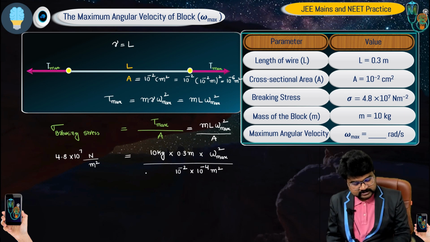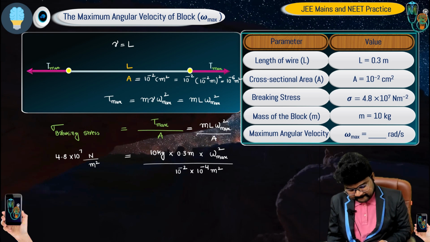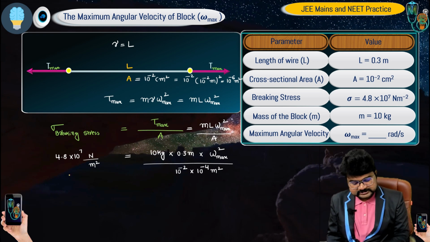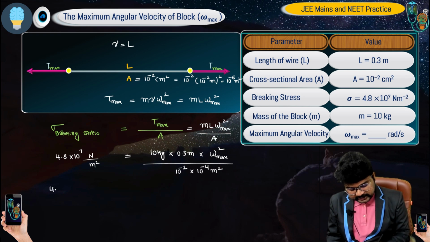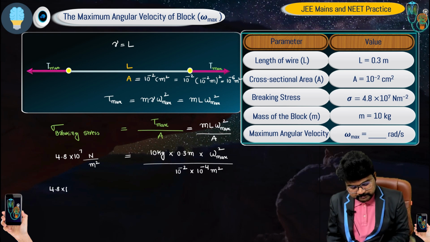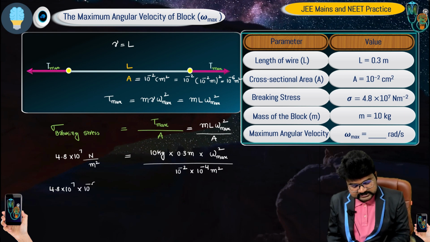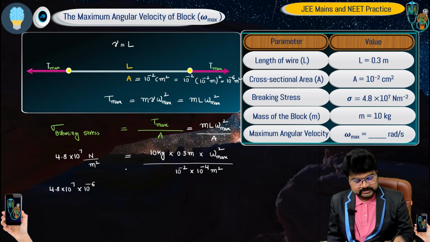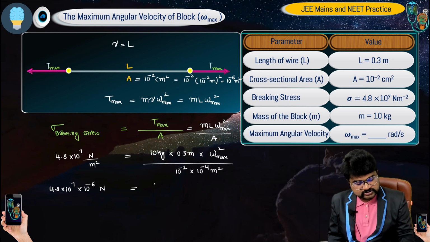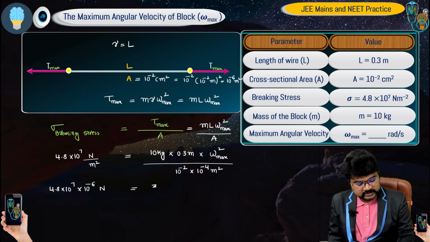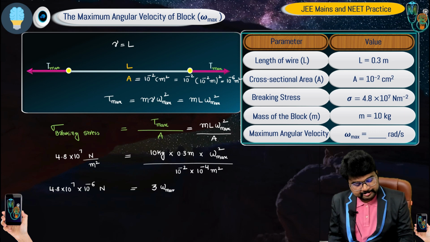You can take it to the left hand side. Then what are we getting? This part: 4.8 into 10 power 7 into 10 power minus 6. Meter square gets cancelled out, and here it would be Newton. How much are you getting? 10 into 3. Here it would be 3 omega maximum square.